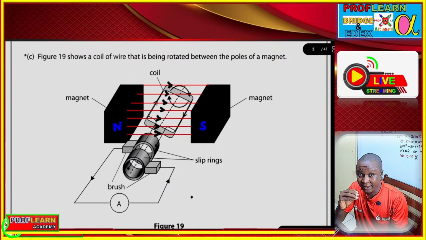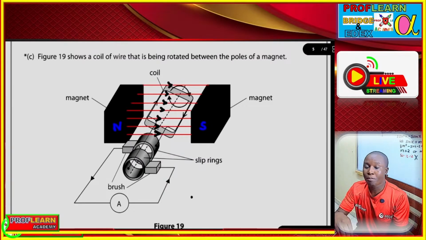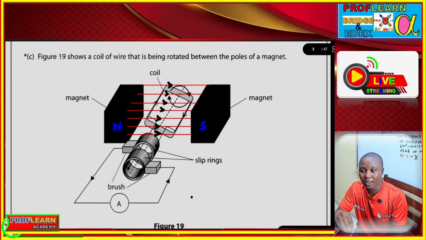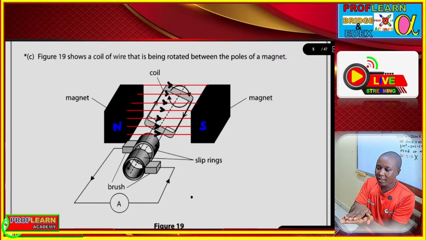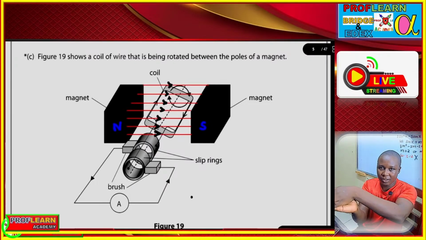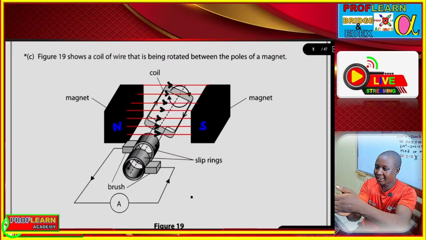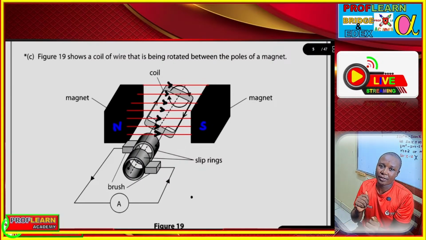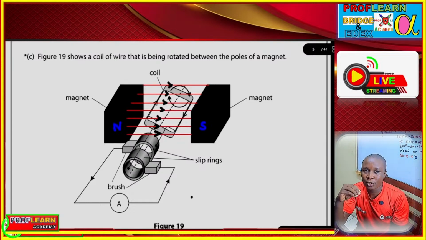And when a conductor cuts through the fields, an EMF is going to be induced in that conductor. That is how electricity is generated, because we have a coil that is turning within the magnetic field. As it turns within these magnetic fields, it cuts through them, and when a conductor cuts through a magnetic field, an EMF is induced.